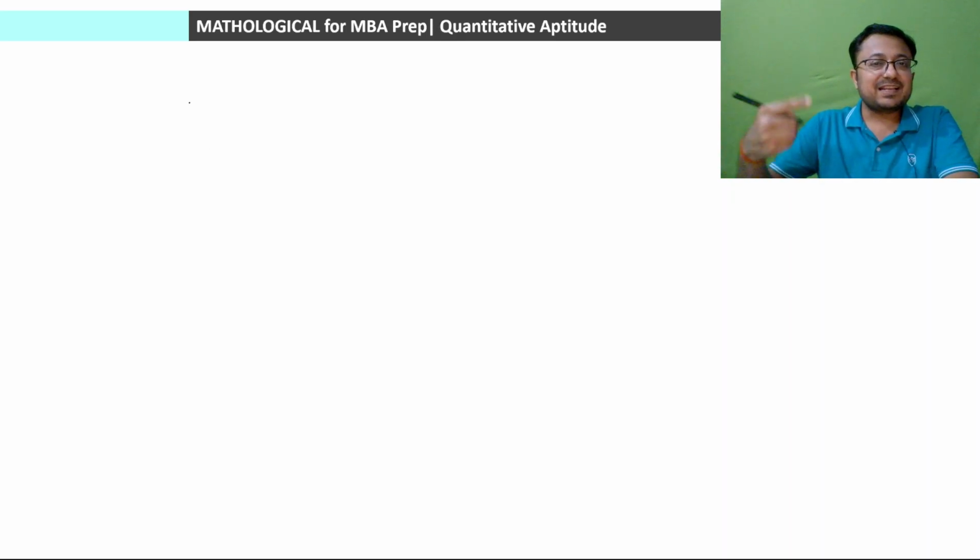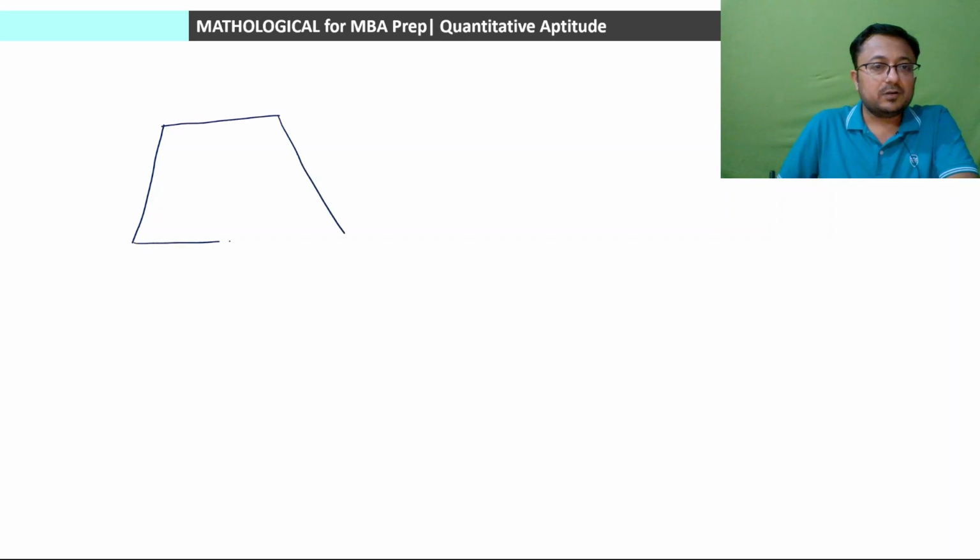सो अभी तो हमने इन सर्कल वाला कॉन्सेप्ट तो देख लिया, when there is a circle inside the quadrilateral. But if there is a circle outside the quadrilateral circumscribing the quadrilateral, that circle is called circumcircle.